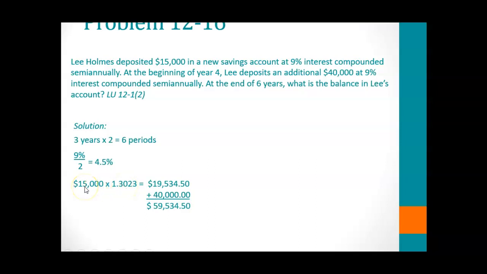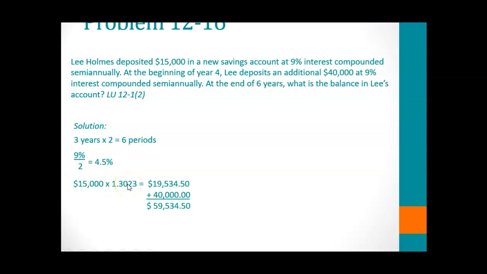Take that times 15,000. So at the end of 3 years in the account, he will have $19,534.50. At the beginning of year 4, he invested an additional $40,000. So now in the account, the total is $59,534.50. We're going to have years 4, 5, and 6, 3 more years. So the same factors: 6 periods at 4.5%.